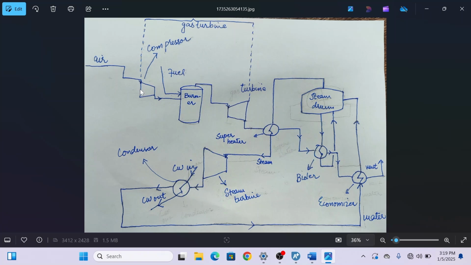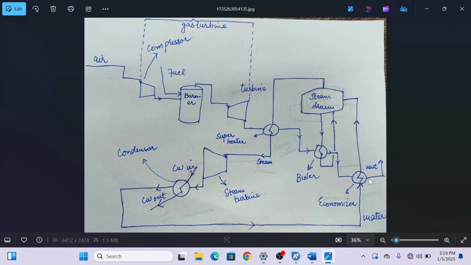First of all, we will have air that will be compressed and sent to a burner. We will use a stoichiometric reactor in our Aspen Plus, and then the gas turbine. The exhaust gases, having a large amount of heat, will pass through three heat exchangers that form our HRSG: a superheater, an evaporator or boiler, and an economizer.